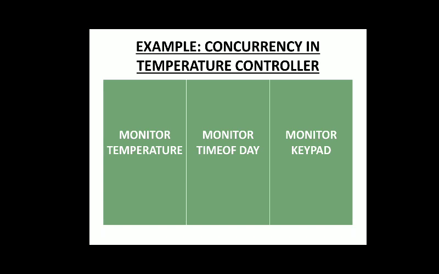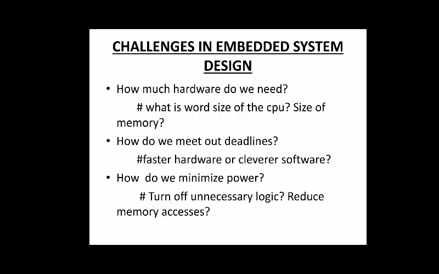So you have to monitor all these things concurrently. Concurrency in embedded systems is important, and the OS and the processor should be such that they can handle the concurrency.